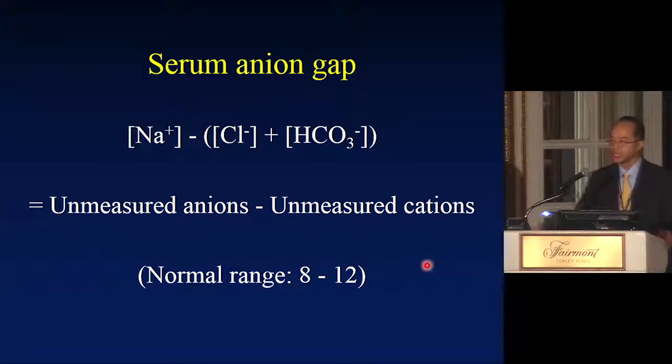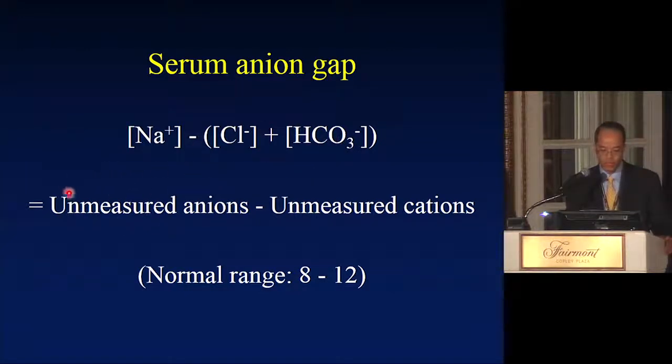When we see a patient with metabolic acidosis, often the first thing you want to do is to figure out whether they have an anion-gap or non-gap acidosis. So the serum anion gap is the serum sodium minus the sum of the chloride and the bicarbonate. And this is equivalent to all the other unmeasured anions in the blood minus all the other unmeasured cations.